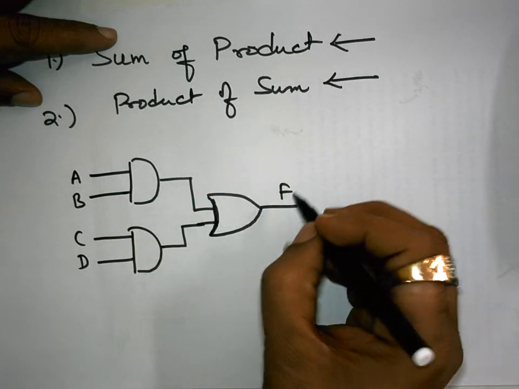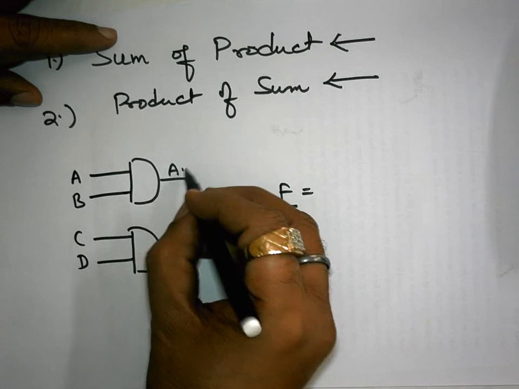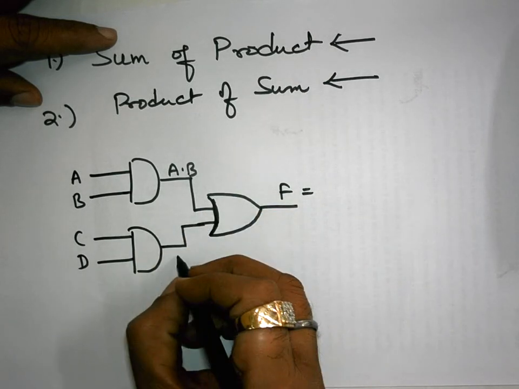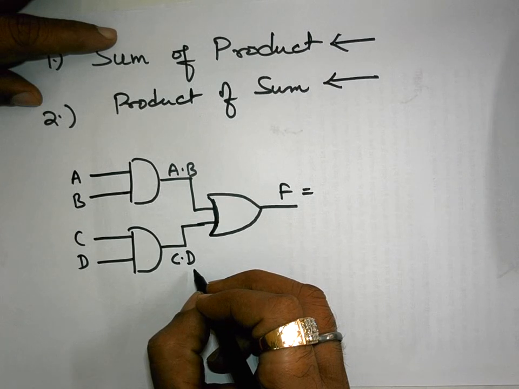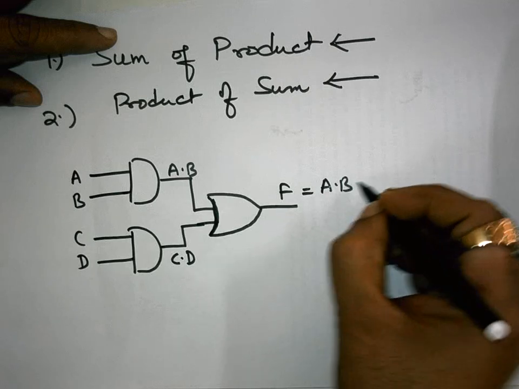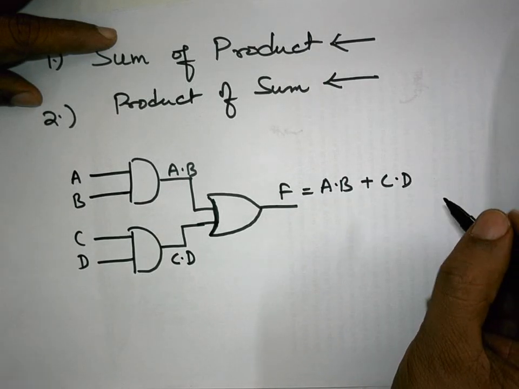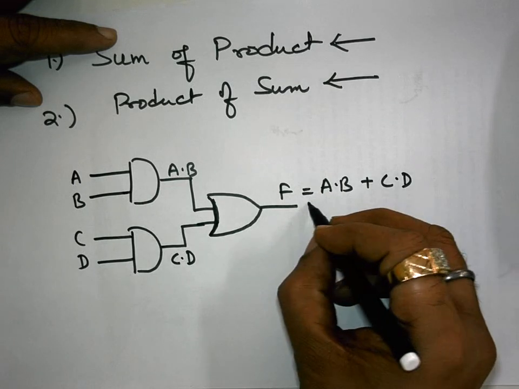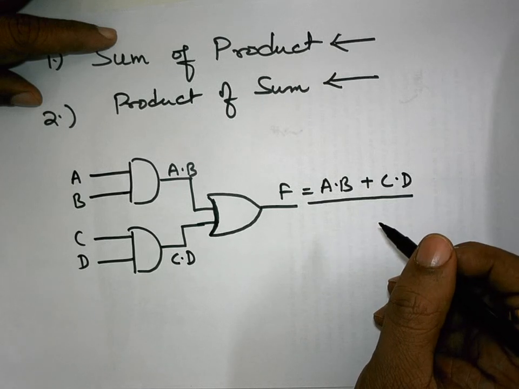Naturally, in this circuit F is equal to what? The sum of these two products, sum of these two product terms. So F is equal to A dot B plus C dot D. So this kind of circuitry is called the SOP form of a logical network. SOP form, sum of product form.